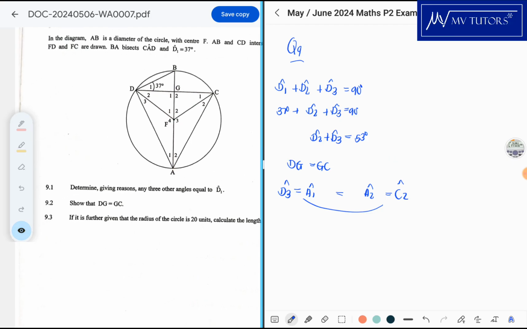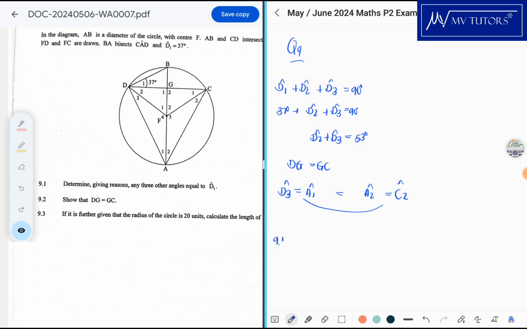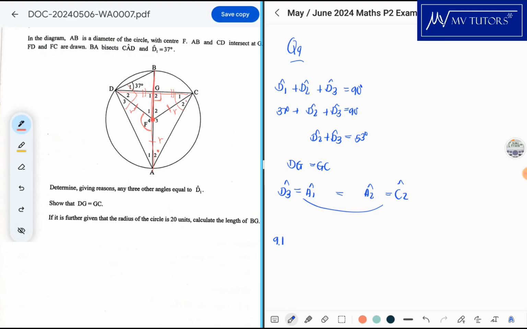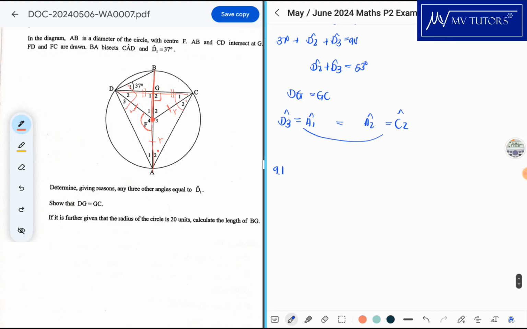So now, 9.1, determine giving reasons any three other angles equal to D1. Okay. So D1 is 37. Let me just redraw this. If D1 is 37, so if this is D, that's C, and that's A.